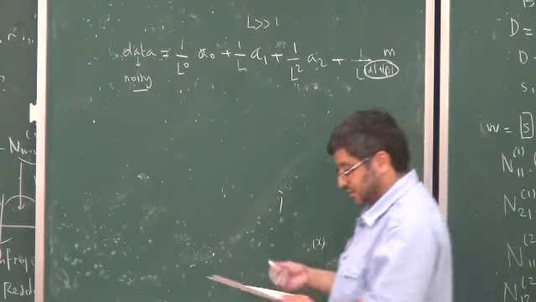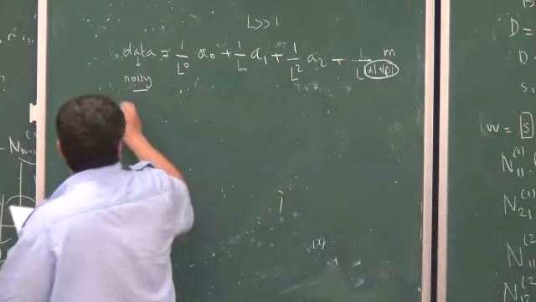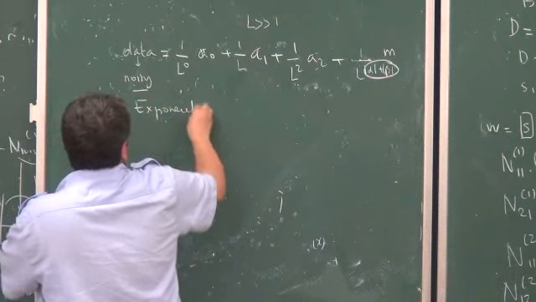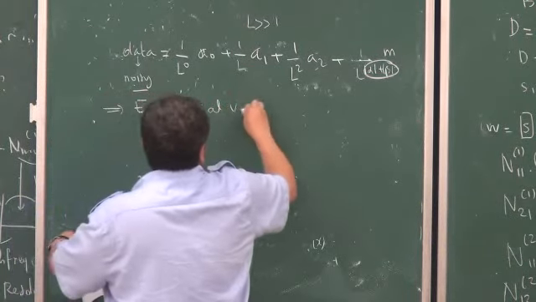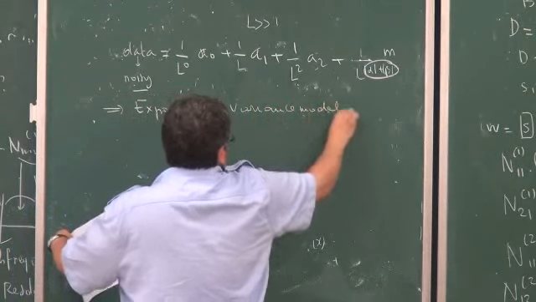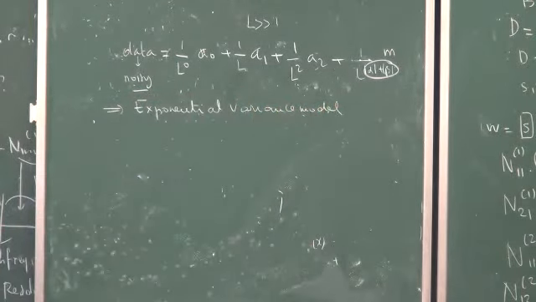This justifies the exponential variance model. It's not about the structure. I said the structure is the same.